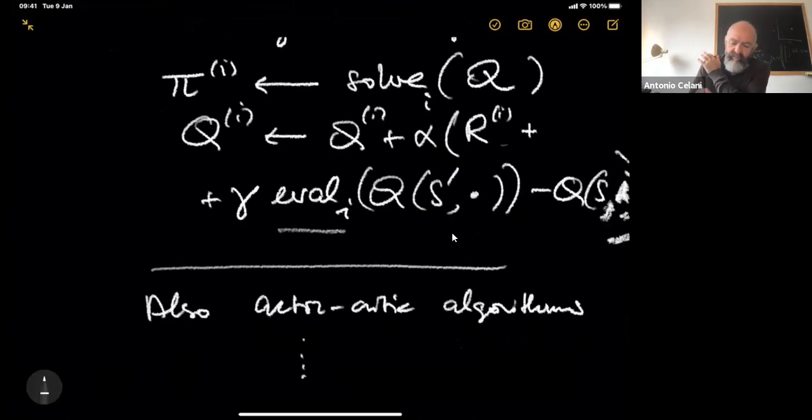So over the last year, there's been a proliferation of these possibilities of algorithms.